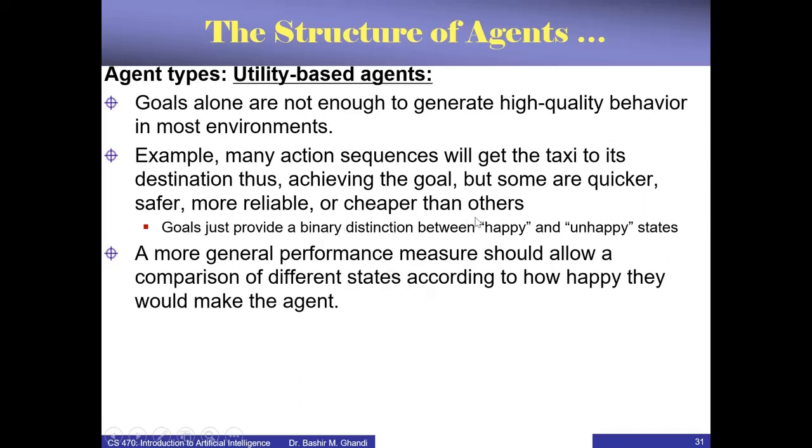Often some of these goals are contradictory. For example, being able to reach the destination faster, maybe at the detriment of reaching the destination safer, and so on.